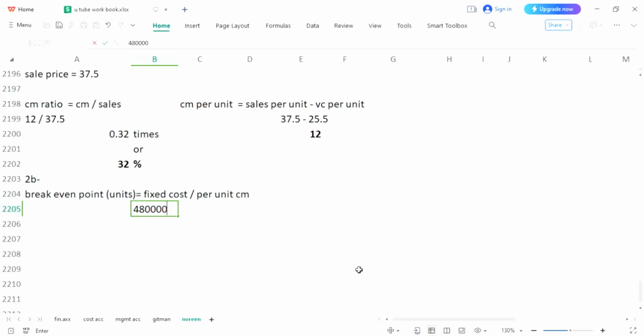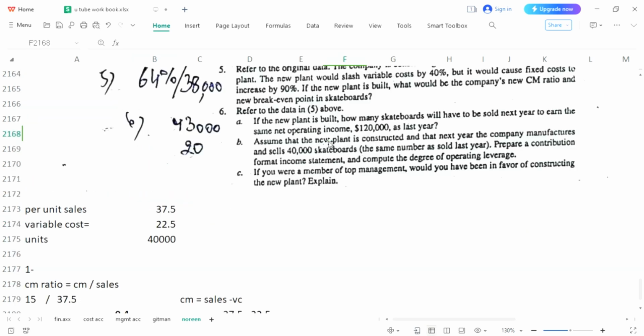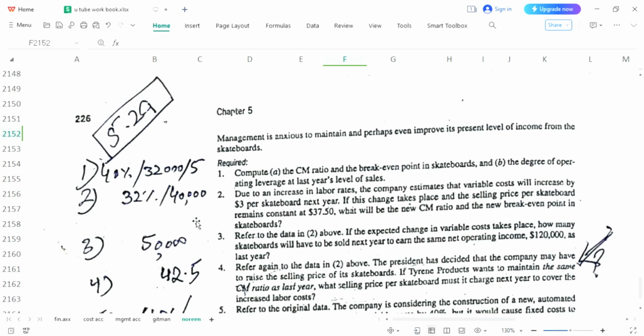You will be posting same 4,80,000. It would be divided by CM per unit, which is calculated in second part, and is 12. After this statement, put it on calculator, 4,80,000 divided by 12. So we have got break-even point in terms of units, and for second part you can see answer is 40,000.